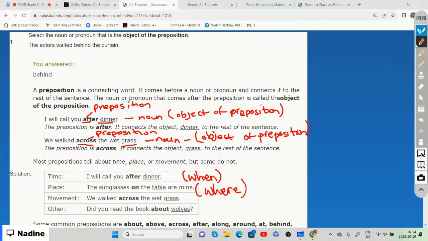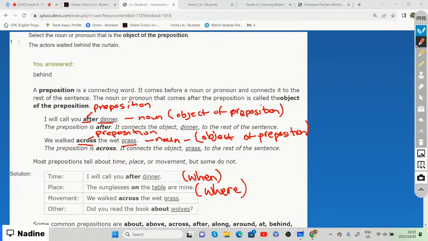You understand? That shows the specific place that you either left something, or need to put it, or put it, or maybe found something, or took it from. So where indicates place.